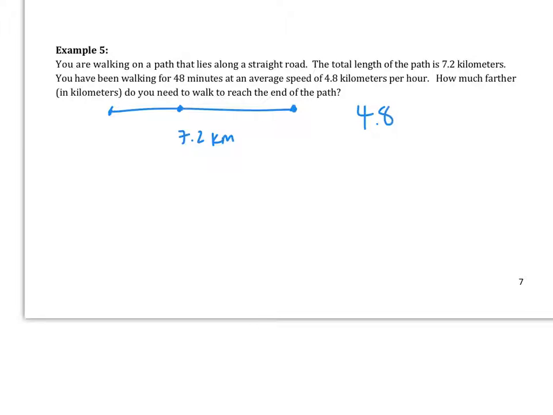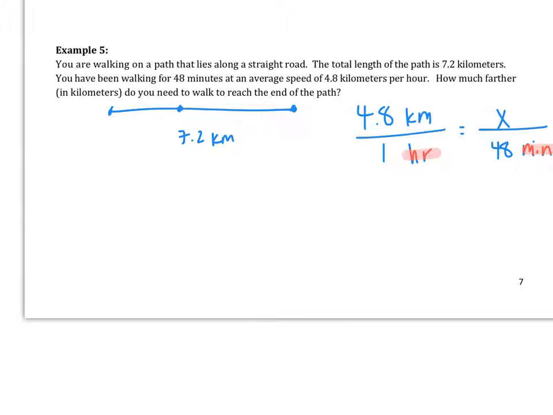So we can do 4.8 kilometers in 1 hour, and we want that to be some unknown kilometers in 48 minutes. So as I look at this, something that we want to think about, we have hours and minutes, and that is not super helpful for us.